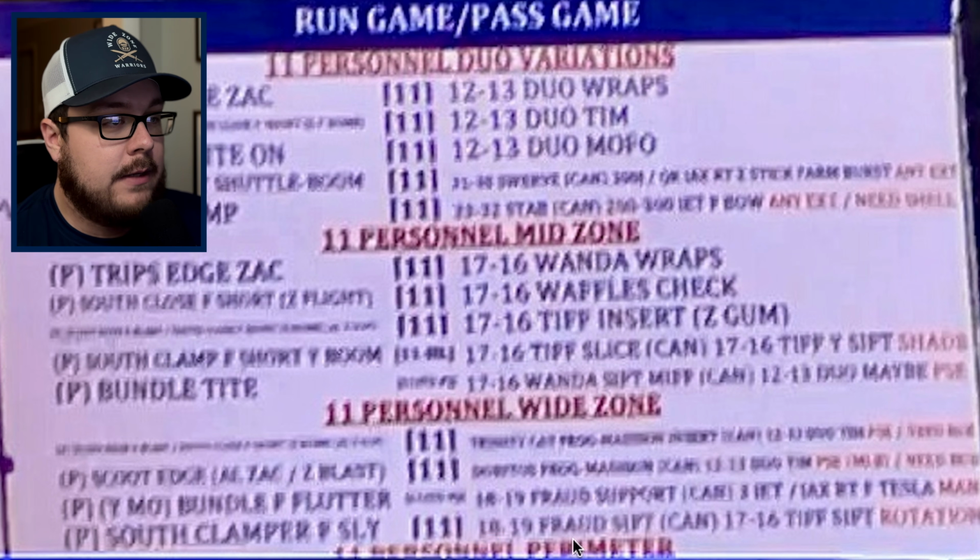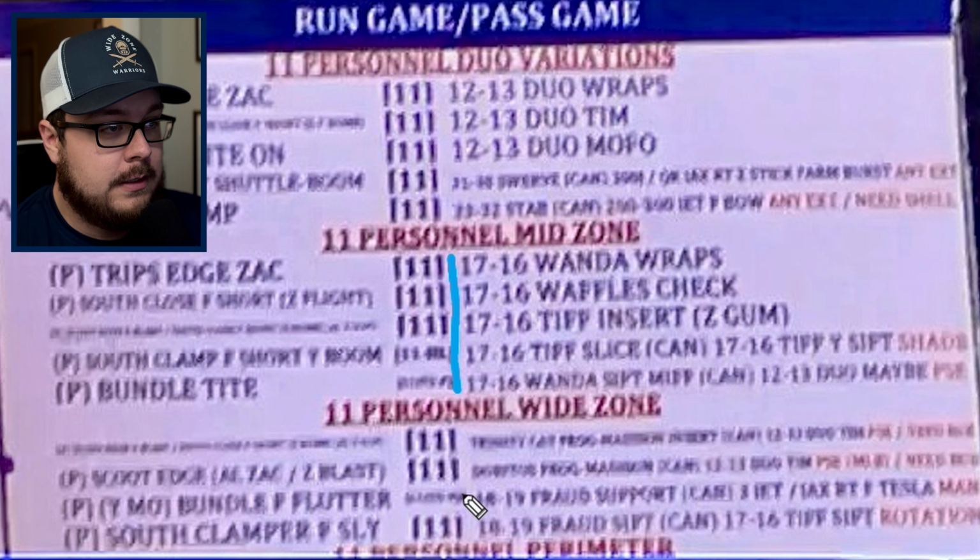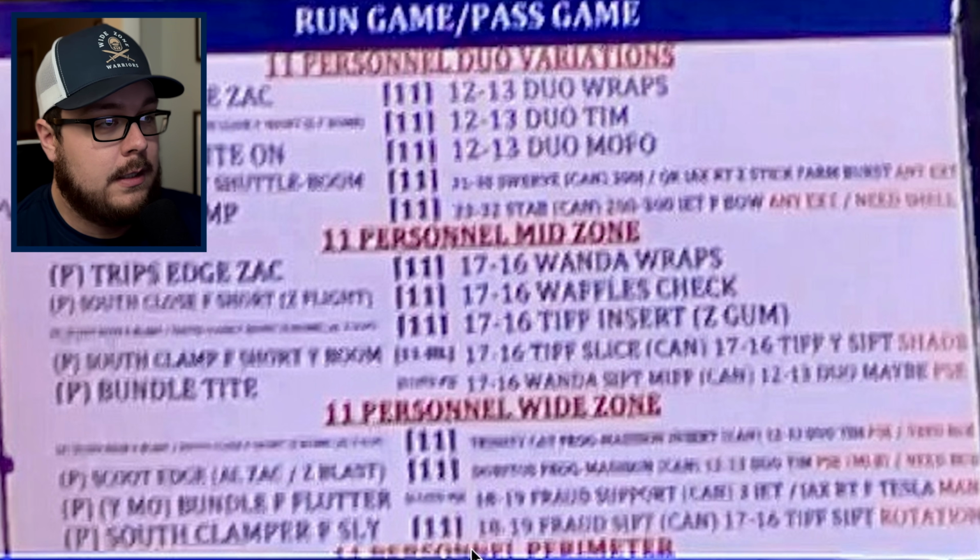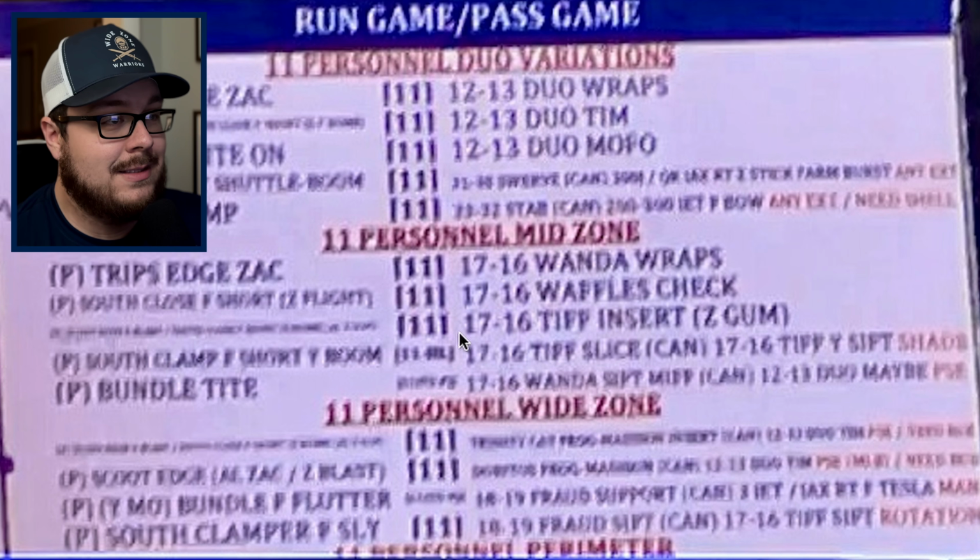What really sticks out to me about this is if you look down through the line, all of these are 17-16. And if we look here, at least the two that the numbers are pretty visible, those are both 18 and 19. So what that tells me is that Sean McVay prefers to run mid-zone to the weak side.